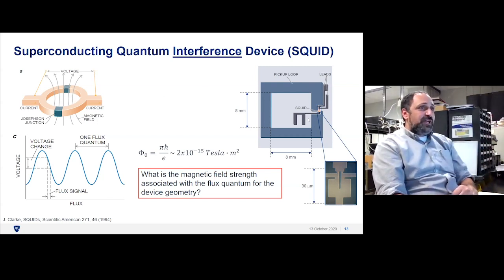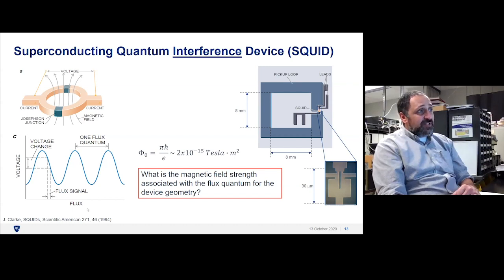And here's a more accurate or device level image of a SQUID. So there's the SQUID itself, and it's connected to this big pickup loop for the magnetic field to go through. So it has a larger area to measure. And as the magnetic flux goes through there, you see a sinusoid.